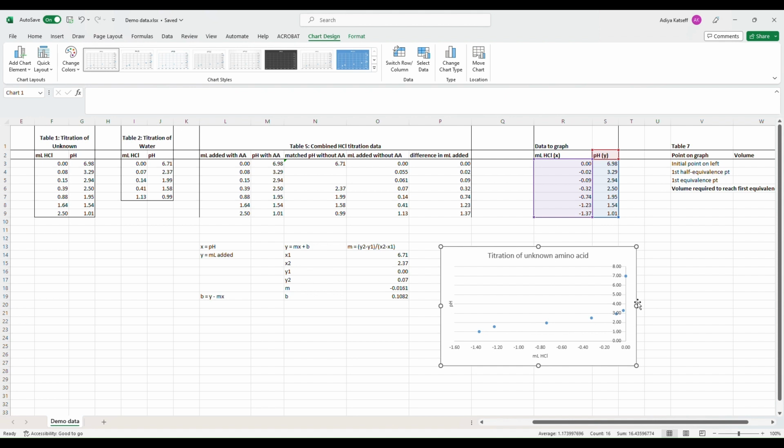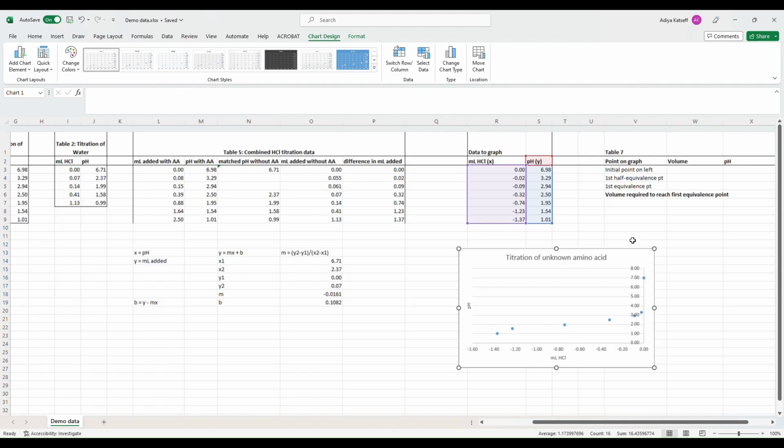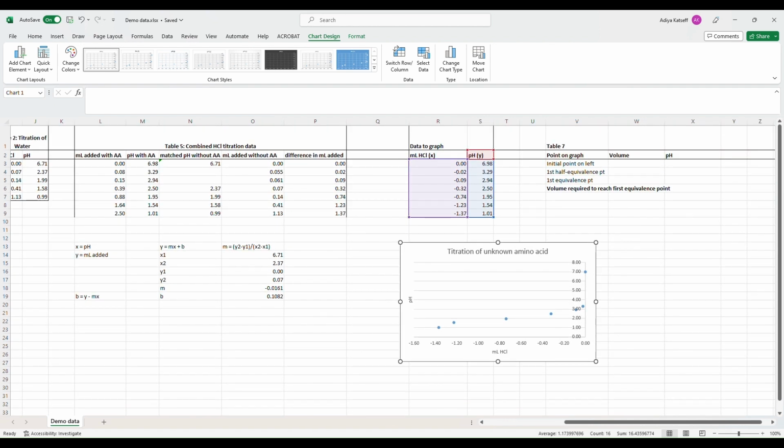And again, this graph is sort of the left-hand side of our idealized titration curve, which we saw here. So we're looking at a sort of gentle slope and then a very steep slope. And that's basically what we see here. So now that we've graphed our data, we can now start thinking about filling in our table 7.